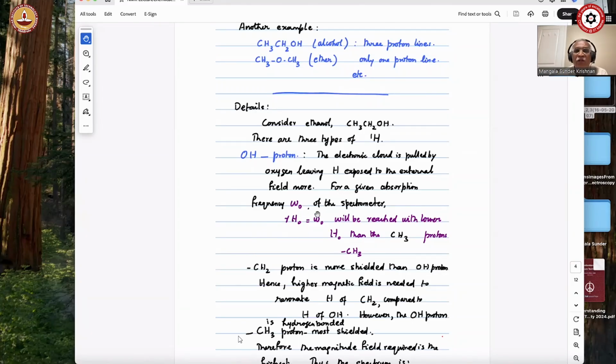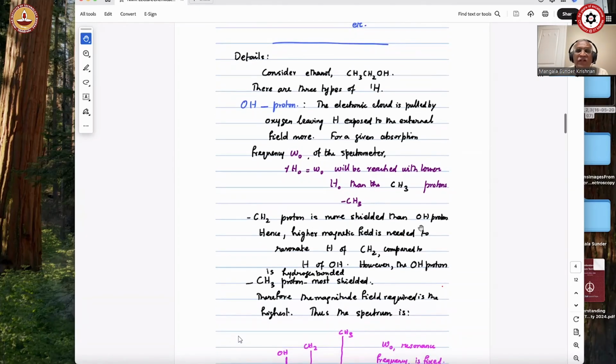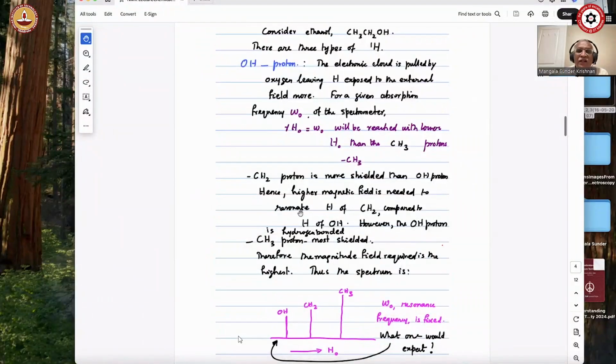Therefore, for a given absorption frequency of the spectrometer, omega naught, the condition gamma H naught equals omega naught will be reached at a lower value of H naught than for the CH3 proton. And likewise, the CH2 proton is more shielded than the OH proton, hence a higher magnetic field is needed to resonate the hydrogen of the methylene group compared to the hydrogen of the OH.